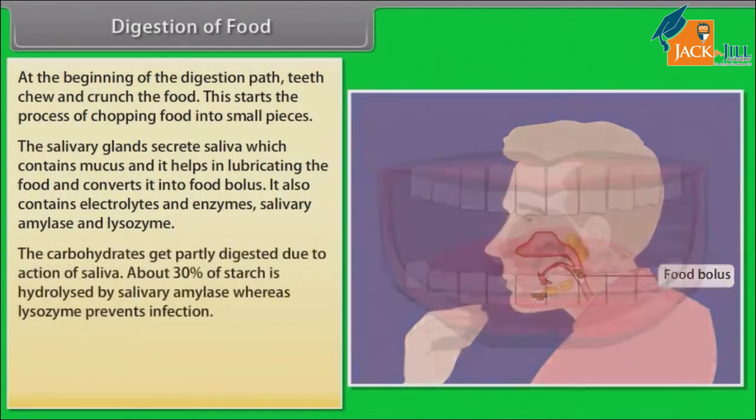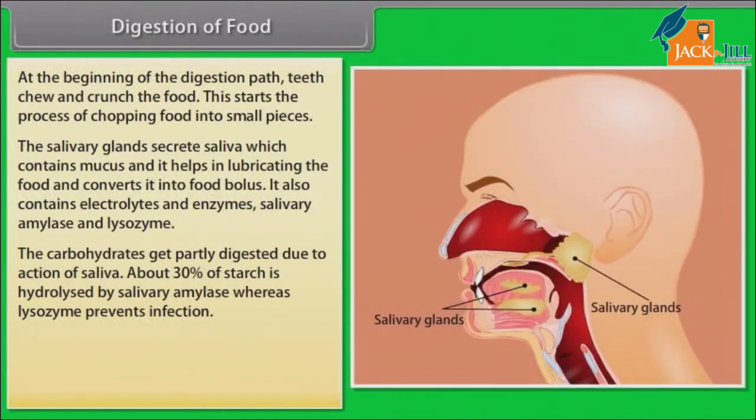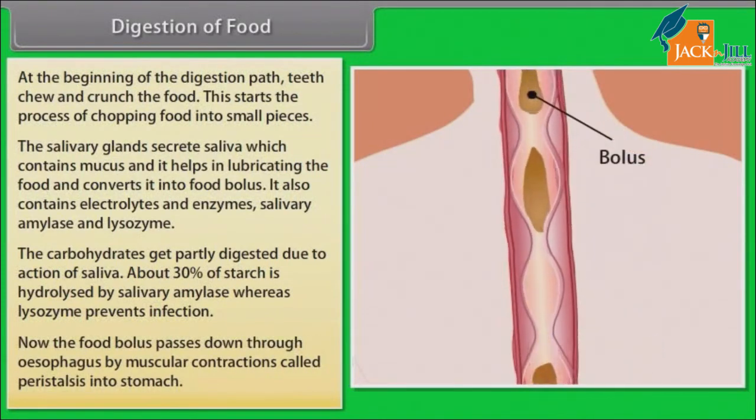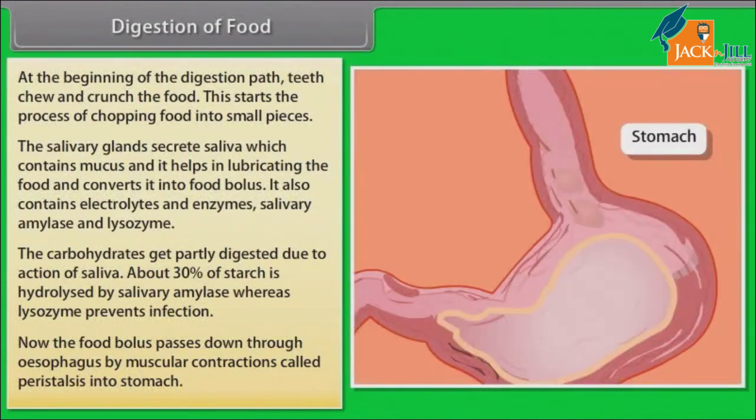The carbohydrates get partly digested due to action of saliva. About 30% of starch is hydrolyzed by salivary amylase, whereas lysozyme prevents infection. Now the food bolus passes down through esophagus by muscular contractions called peristalsis into stomach.